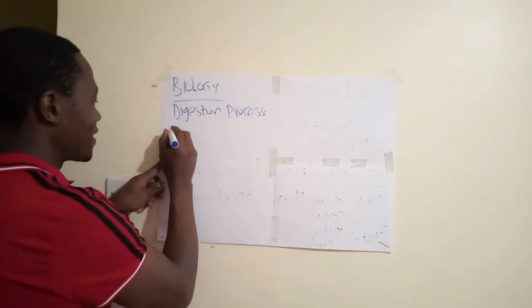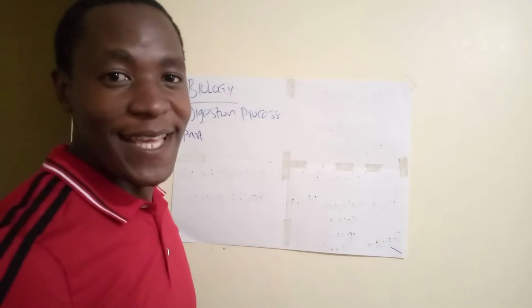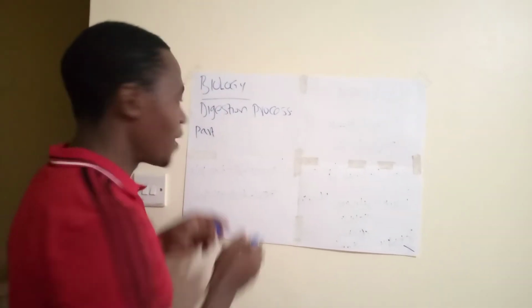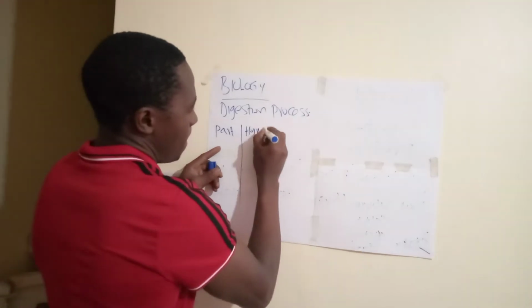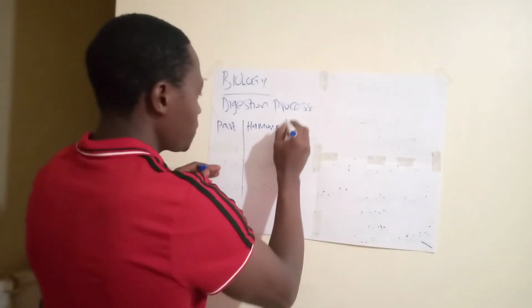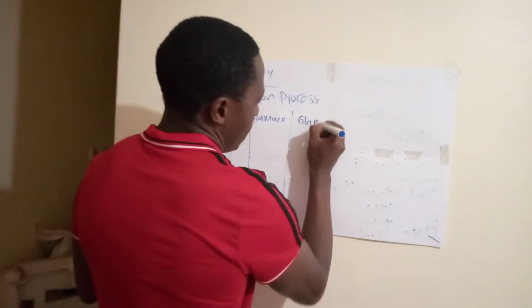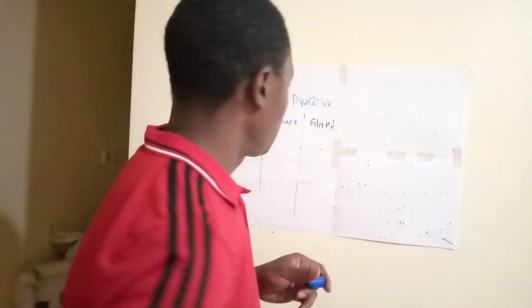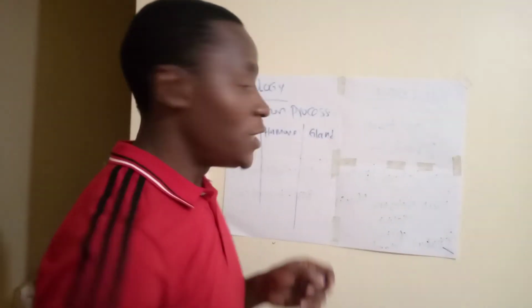So you write the part. After the part, you have the hormone. After writing the hormone, we have the gland. Then after writing the gland, you have the juice.